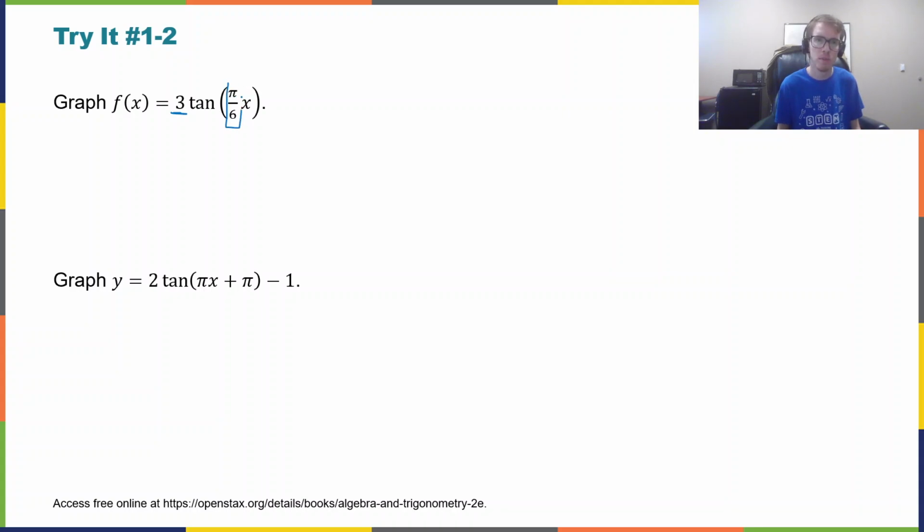So this is b. So our period is pi, not 2 pi, although you'll want to write that just like I do. Pi over the absolute value of b. Pi over pi over 6, and that would be pi times 6 over pi. So the period is 6, and we have this stretch of 3.